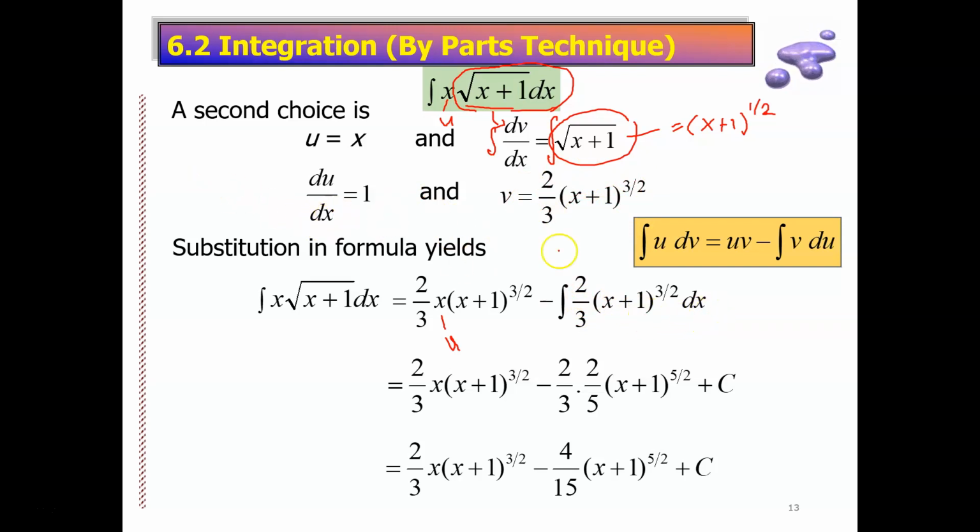And du is this one. When you bring the dx to the right-hand side, you get du equal to dx. This one is your du, this is your v, and this whole thing is your dv.